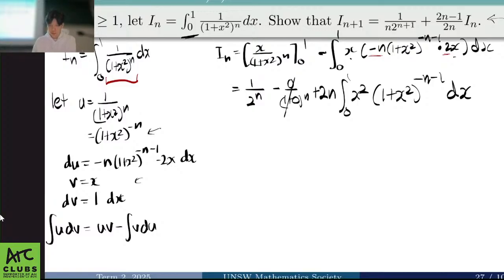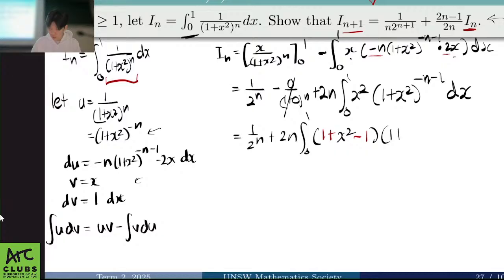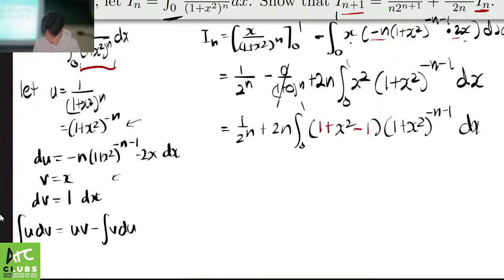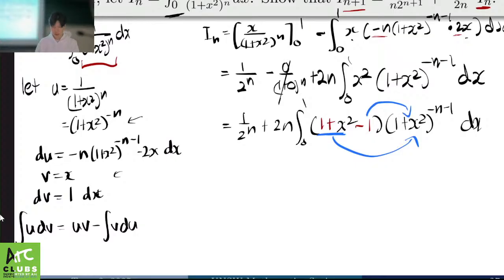So now I look back at the formula and I see that it's all in terms of I_n and I_(n+1). So that means I want my answer to be in this form here. So I'm pretty close with the x squared. So what I can do is I can change it to (1 plus x squared minus 1) times (1 plus x squared) to the minus n minus 1 dx. What that does is it allows me to multiply (1 plus x squared) here, and minus 1 with (1 plus x squared).